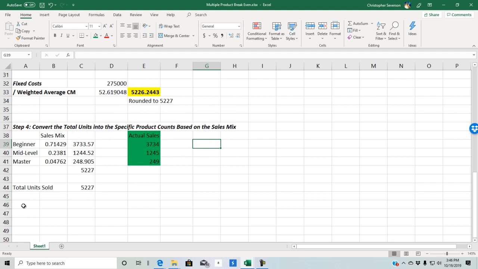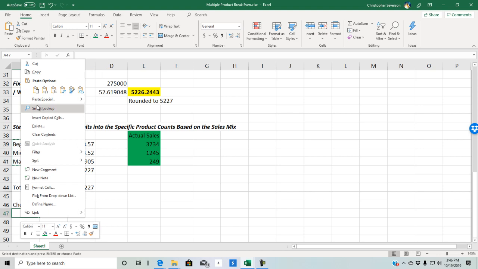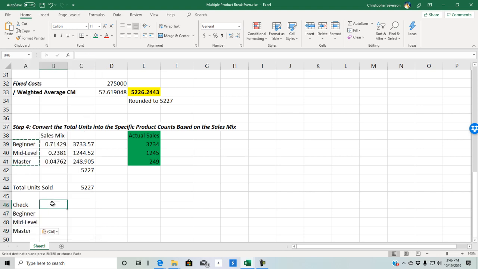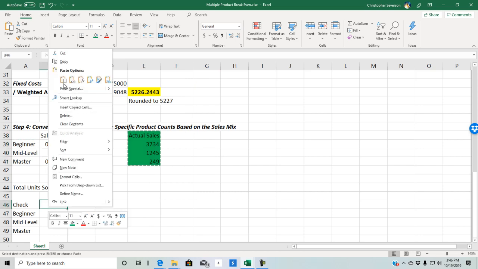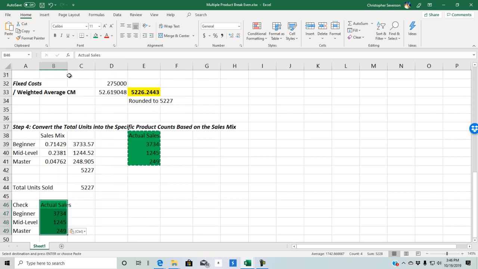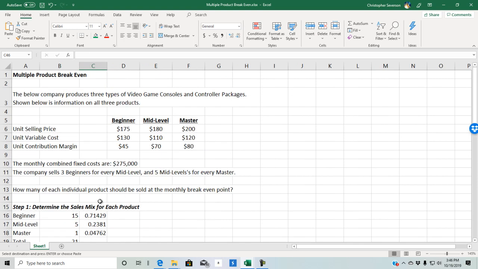So if we wanted to check it out, again, this is not necessarily a requirement of the problem, but we're going to check it just to make sure. So we're going to bring in our actual sales. We know we have the sales price, but we also know we subtract out the variable cost right away.